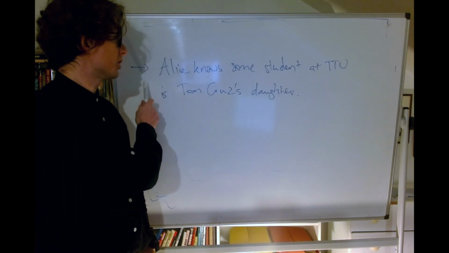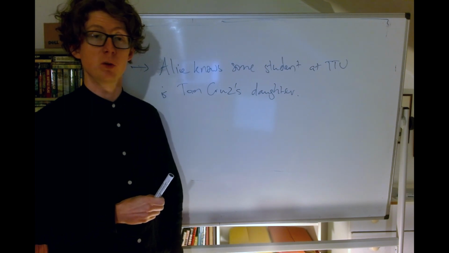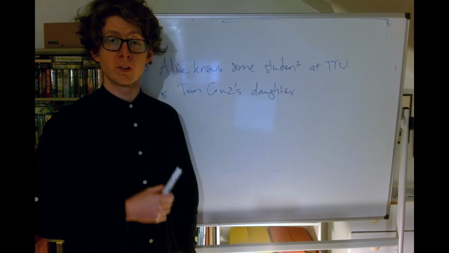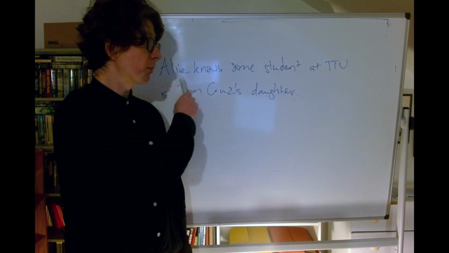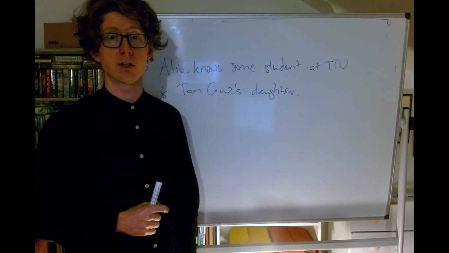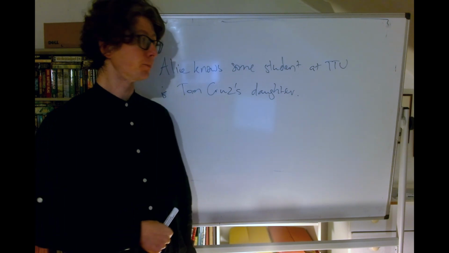In that situation, I might say something like, well, Alice knows that some student at TTU is Tom Cruise's daughter. And what I'm saying is that, well, there's a particular person that Alice knows is Tom Cruise's daughter, and that person happens to be a student at TTU.